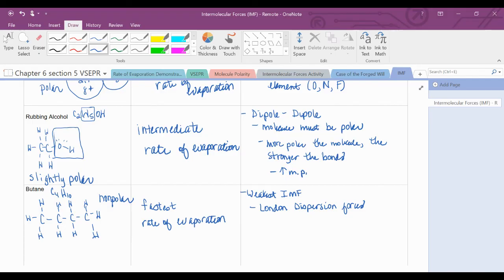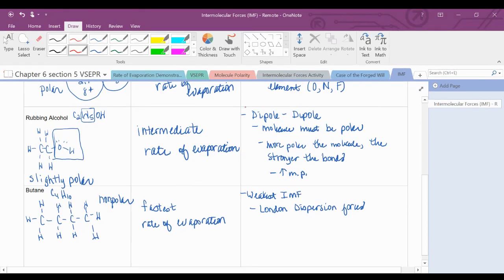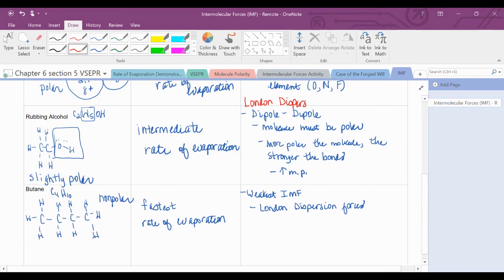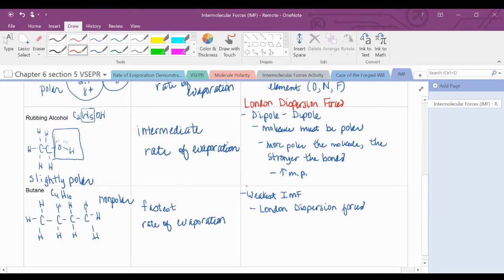So in actuality, all molecules have London dispersion. So I'm going to go back up here, and in my water box, I'm going to put that this also has London dispersion forces, and that my rubbing alcohol also has London dispersion forces.